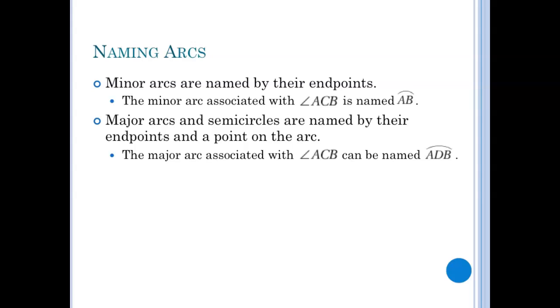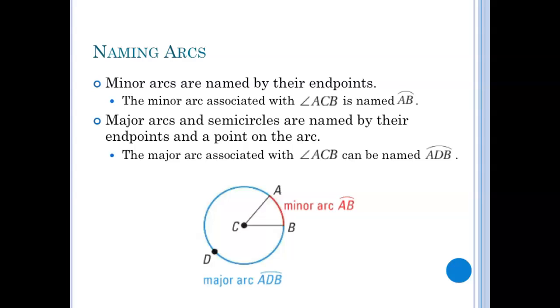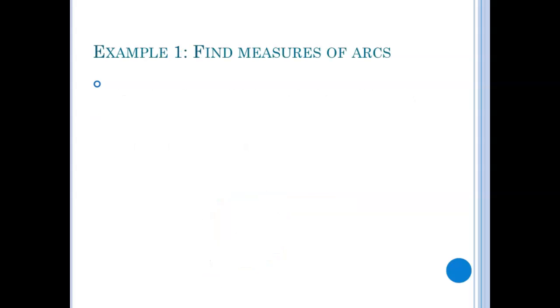So the major arc that's associated with angle ACB, we would name ADB. So purely from a naming standpoint, without even looking at a picture, you should be able to tell if you're looking at a minor arc, something that's less than 180 degrees, or a major arc, something that's 180 degrees or higher. Let's take a look at example 1.